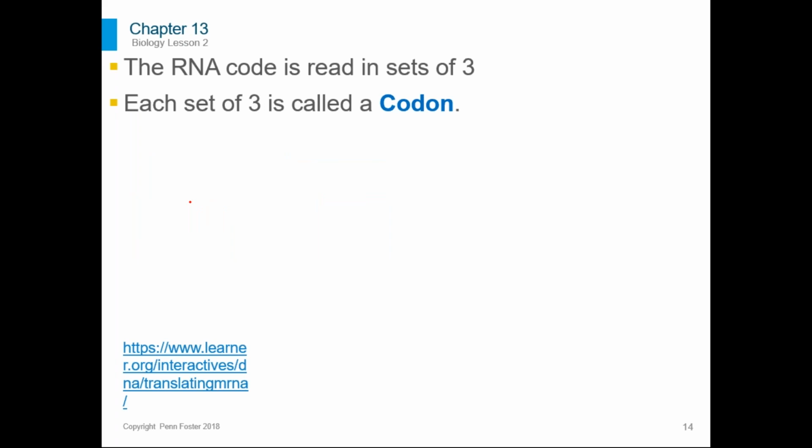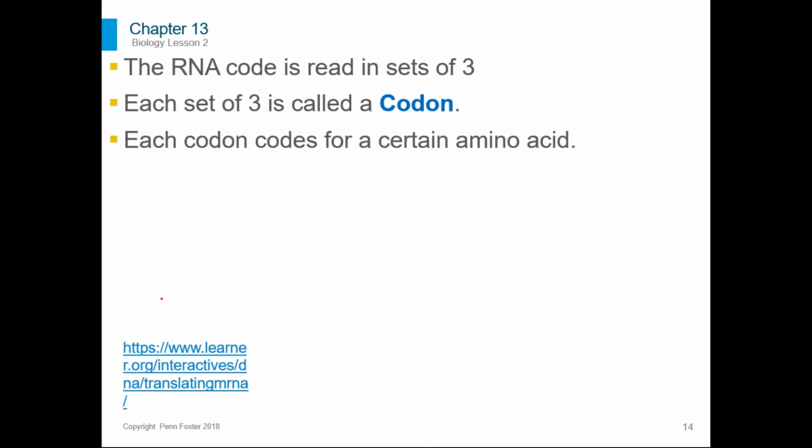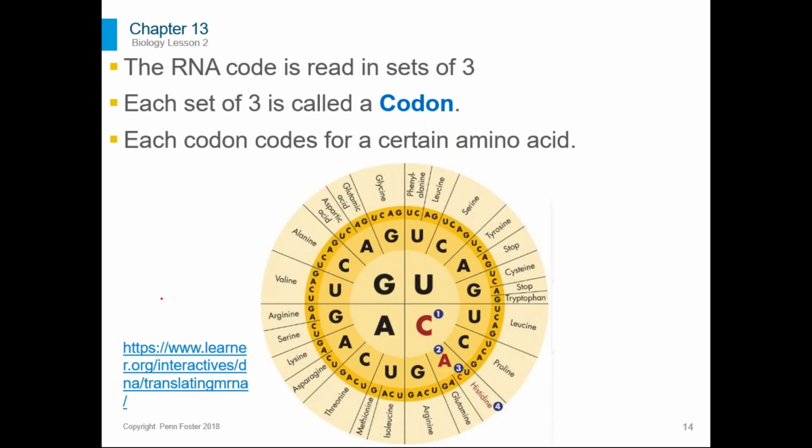Now, the RNA is read in sets of 3. Each set is called a codon, and different codons code for different amino acids. We have charts that tell you how to go from RNA to amino acid. If the chart is round, like the one in the textbook on page 311, you need to start from the center and work outward to the name of the amino acid.